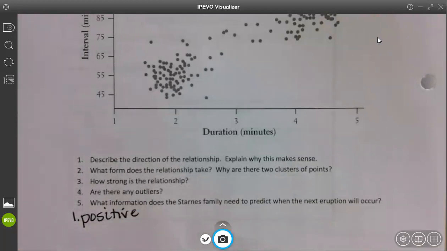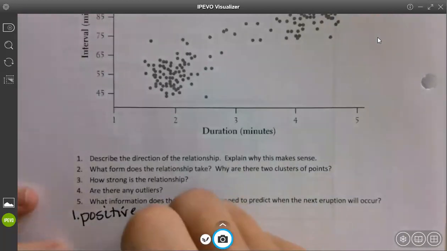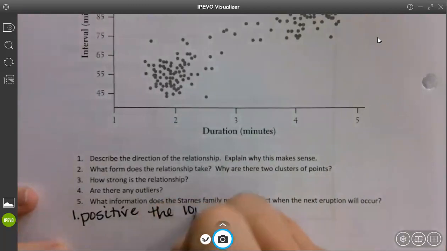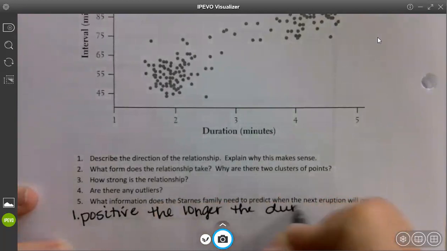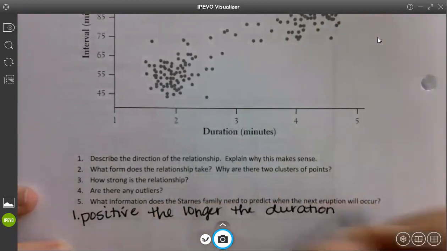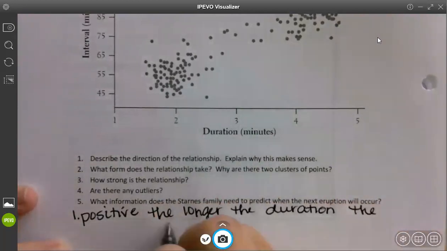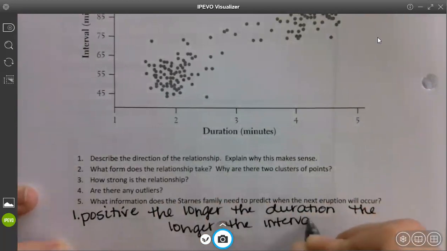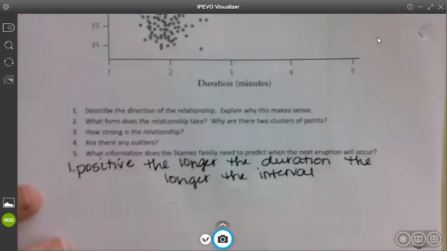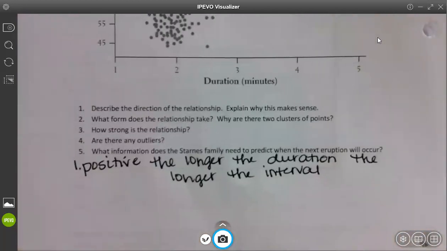The longer the duration, the longer the interval. So if it asks you to explain it, that's all you're doing. Just use the context of the problem. That's it. If it were negative, the longer the duration, the less the interval.